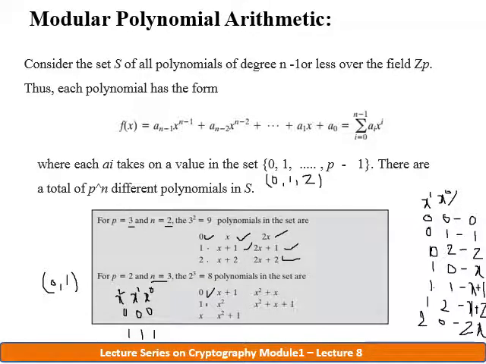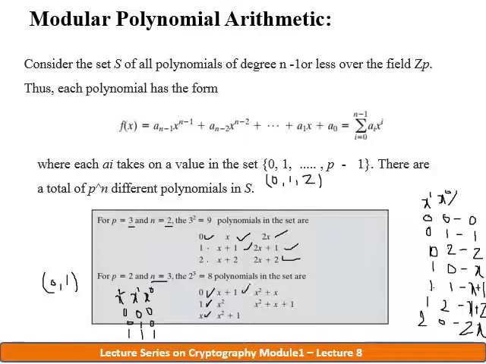Then 0, 1, 0 means I get x. Then 0, 1, 1, that is x plus 1.